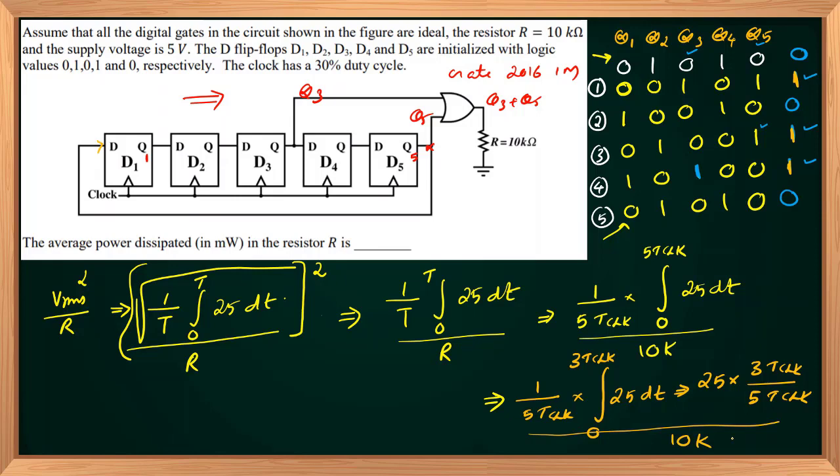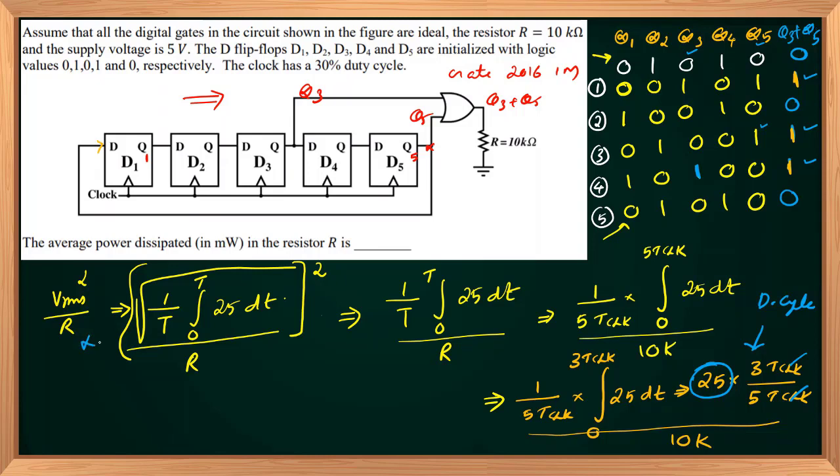This is the square of the waveform, that is 5 squared, and T clock will cancel. So 3 by 5 is the duty cycle of the voltage appearing across the resistance, that is Q3 OR Q5. So the power dissipated in a resistance is nothing but voltage squared multiplied by the duty cycle, divided by the value of the resistance.